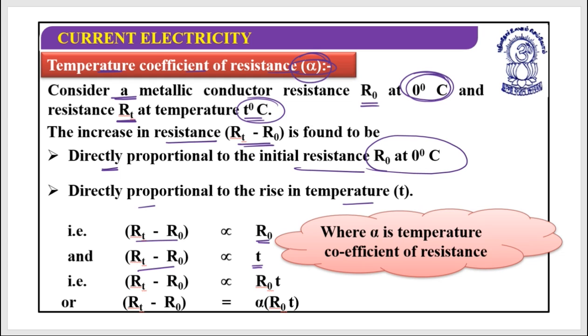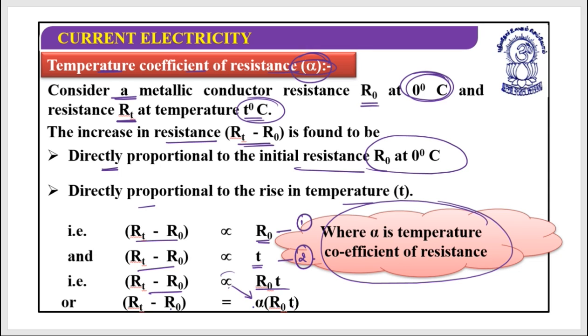So if I write this, let's say this is relation number 1, this is relation number 2, and if I write this in a single relation, RT minus R0 is directly proportional to R0 T. And if I replace this proportionality constant with a symbol alpha, then I have RT minus R0 equals alpha into R0 into T, where alpha is the coefficient of resistance.